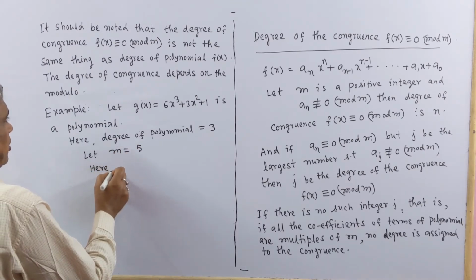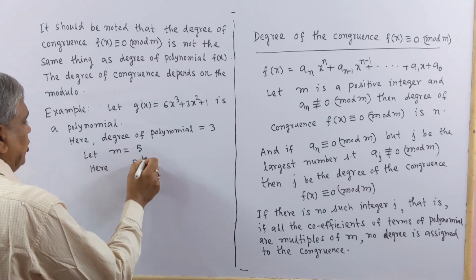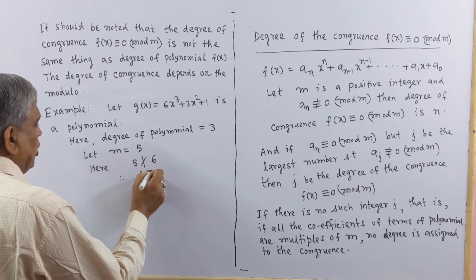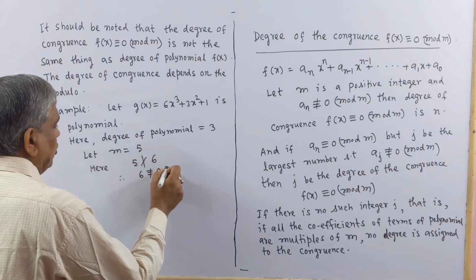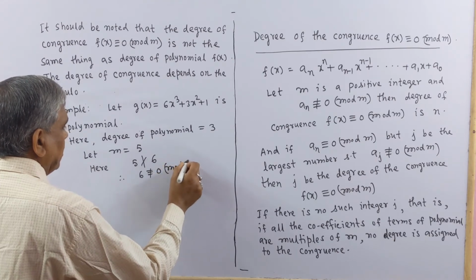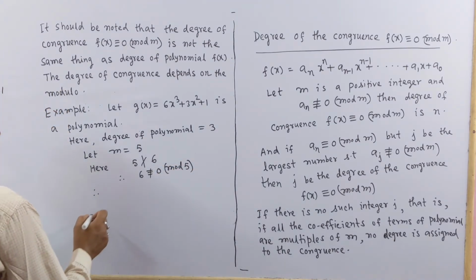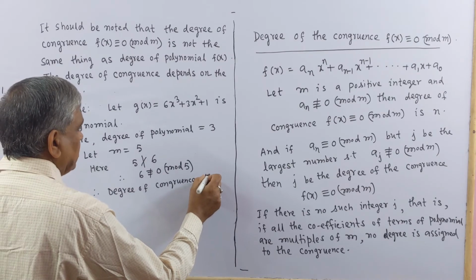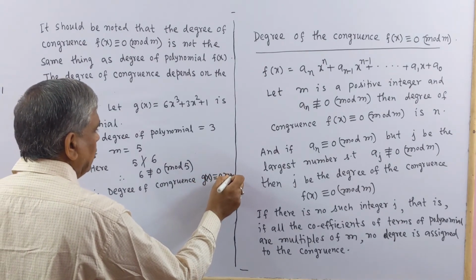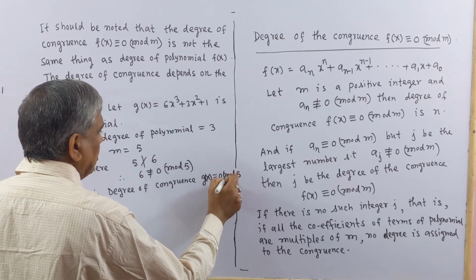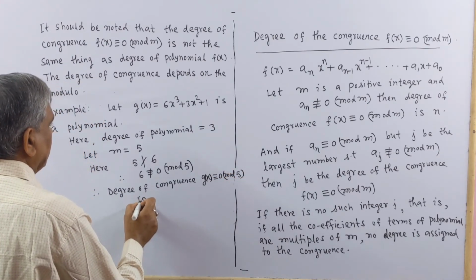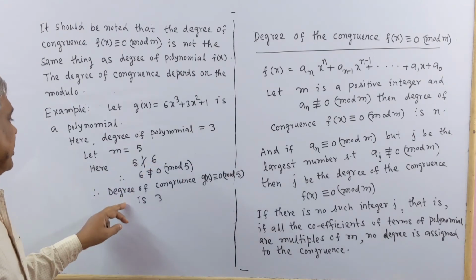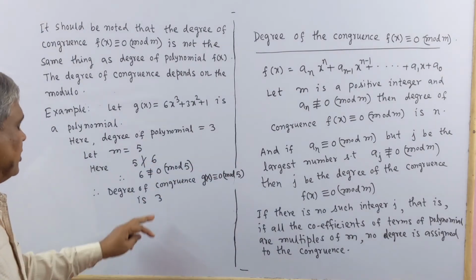Here 5 does not divide 6, therefore 6 is not congruent to 0 modulo 5. Therefore the degree of the congruence g(x) ≡ 0 (mod 5) is 3. So in this case the degree of the polynomial and the degree of the congruence are the same, that is 3.